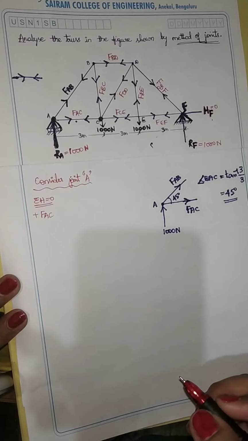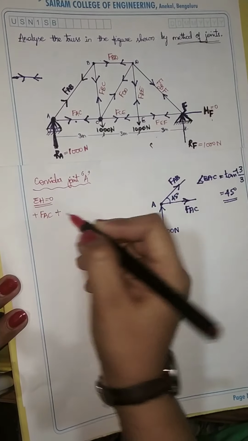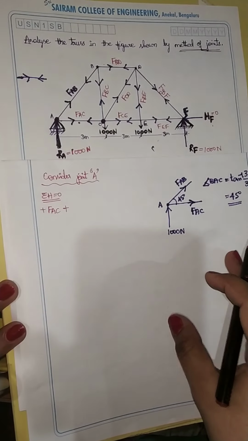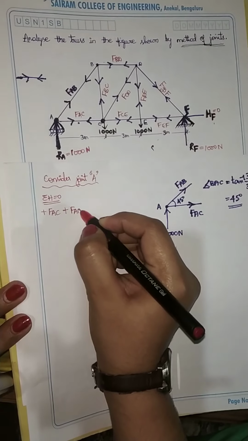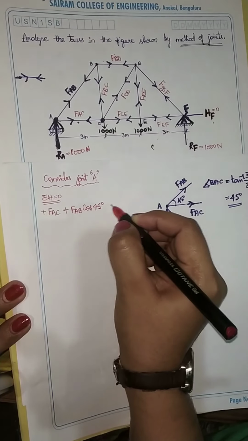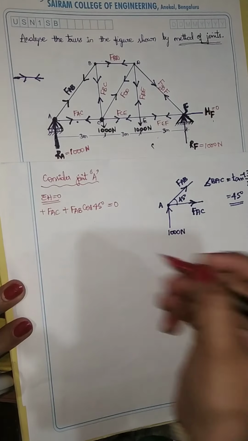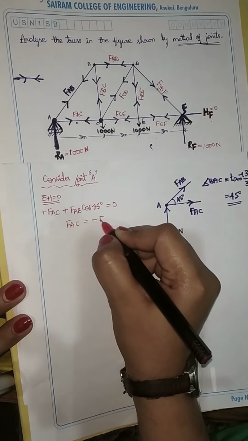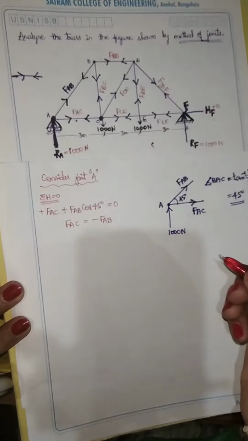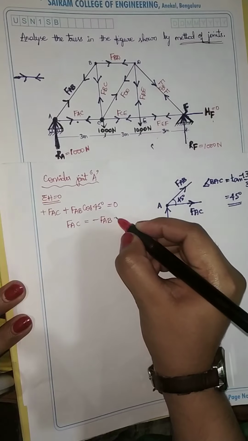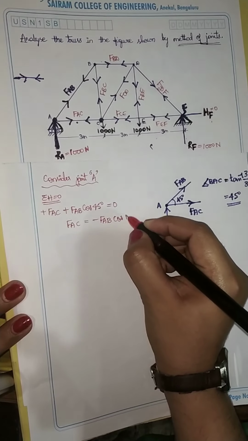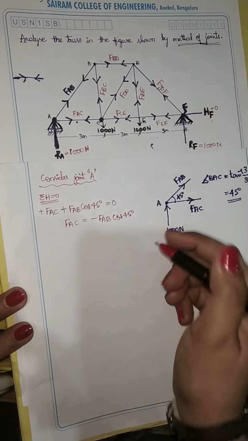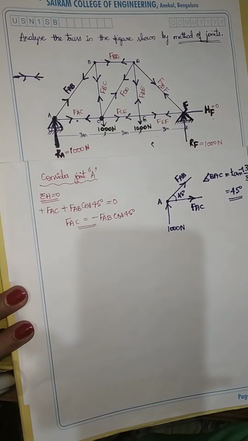Plus FAC, next plus, this is an inclined force, so how do we take its horizontal component? That is FAB cos 45 degrees. FAB cos 45 degrees is equal to 0. Therefore FAC is equal to minus FAB cos 45 degrees. We can't solve this equation yet, so we will call it equation number 1.